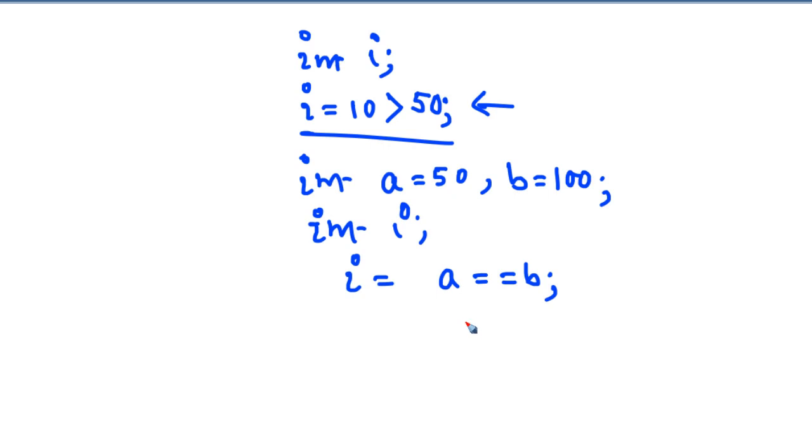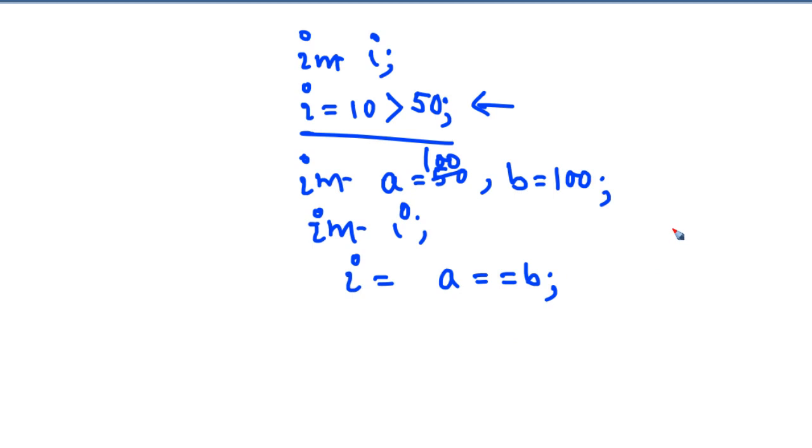If they are equal, it returns 1. If they are not equal, it returns 0. In this case, A is 50 and B is 100, so equals to fails. So the value of I is going to be 0 because the equality operator returns 0. Otherwise, had we initialized A with 100, then equals to would return 1, so I would be 1.